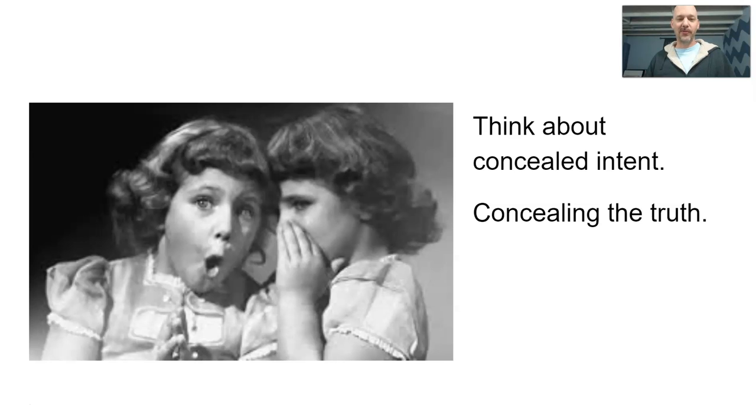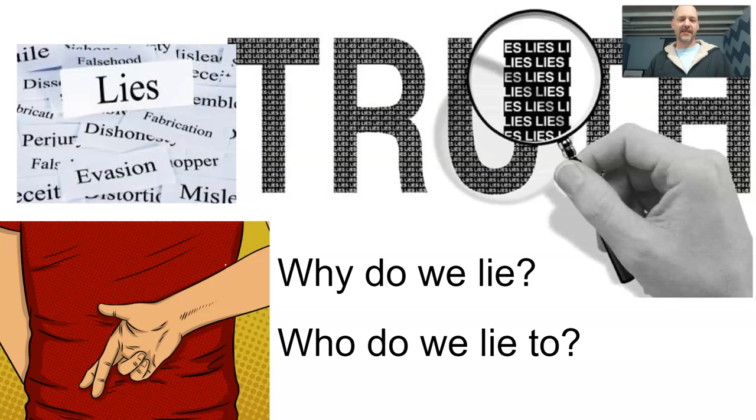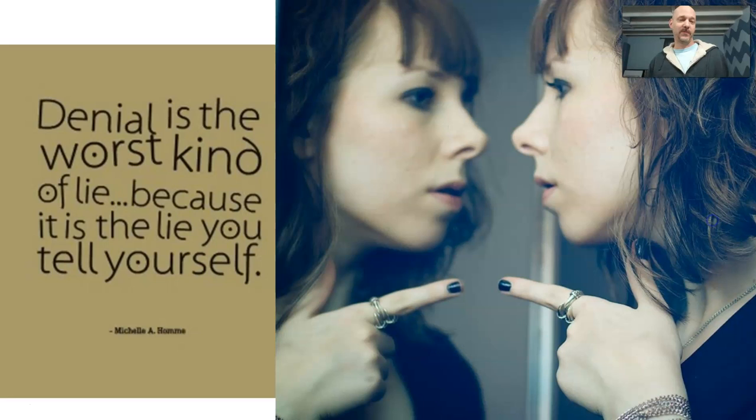Concealing the truth, right? You can get a little psychological with this. Get into the idea of lies. Why do we lie? To conceal things, right? To hide things. Why do we lie? When do we lie? Who do we lie to? Do you lie to yourself?